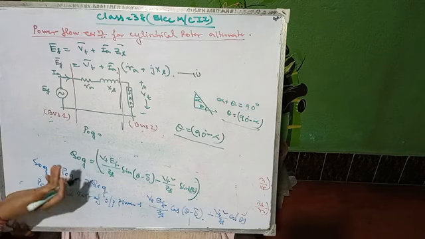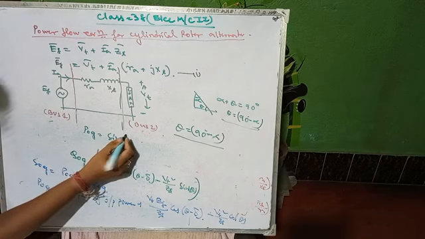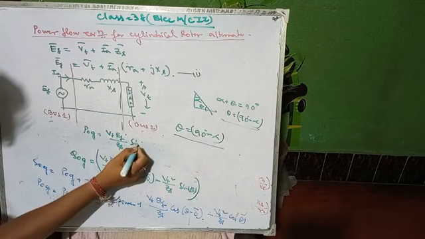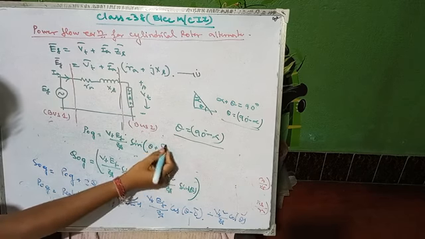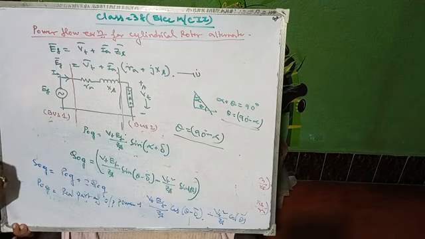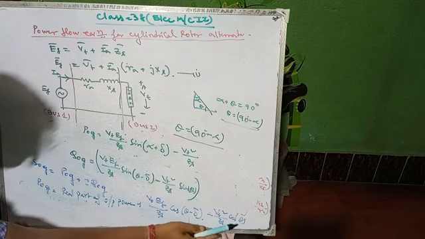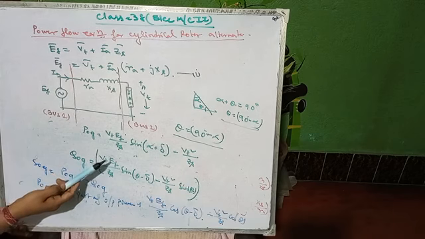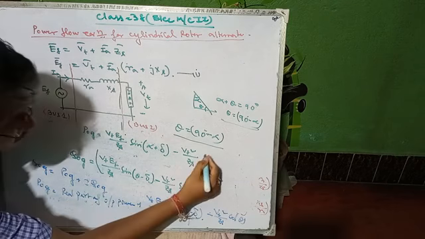So cos of 90 degrees minus alpha minus delta will be sine of alpha plus delta. So we write Vt into EF by Zs, then sine of alpha plus delta, minus Vt square by Zs, and if we put this theta value over here, that is 90 minus alpha, then cos of 90 minus alpha will be sin alpha.